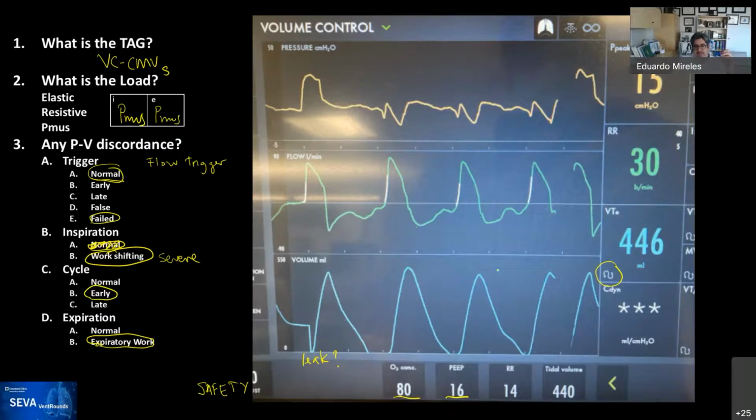For each breath, the patient is getting his 446 in spite of doing a lot of effort. So I think that this is a construct. In this case, the patient again has a very rapid rise time, and whoever set the ventilator probably set it up to a descending ramp, so going all the way to 0 on the expiratory flow, or even less. We'll see.